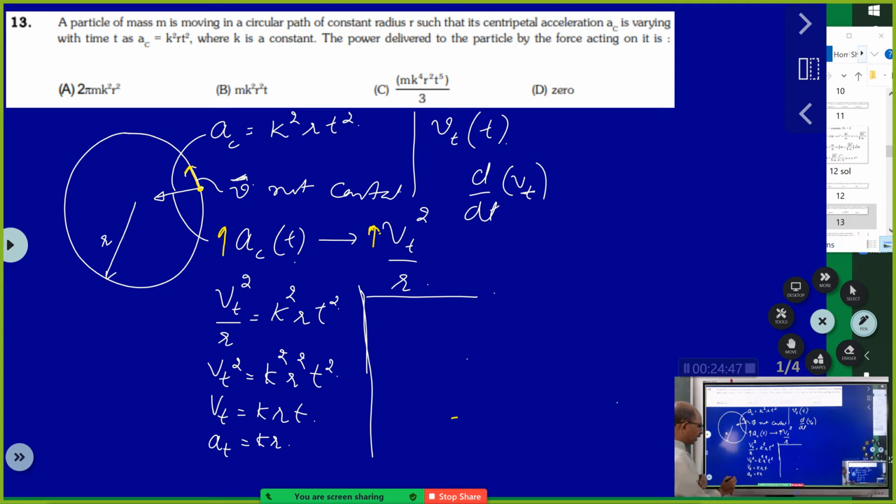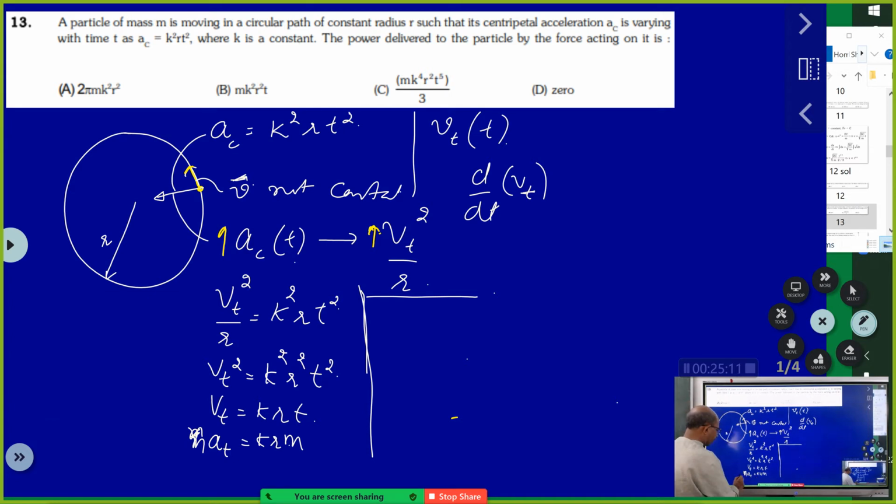Multiply both sides by m. Here we are getting the tangential force. Is the tangential force changing or not? You just multiply by m, and you are getting the tangential force.